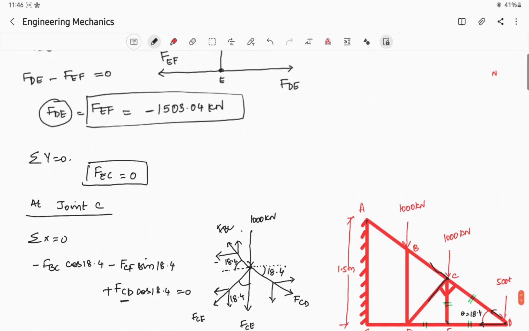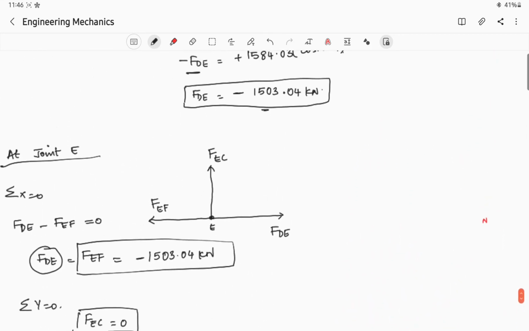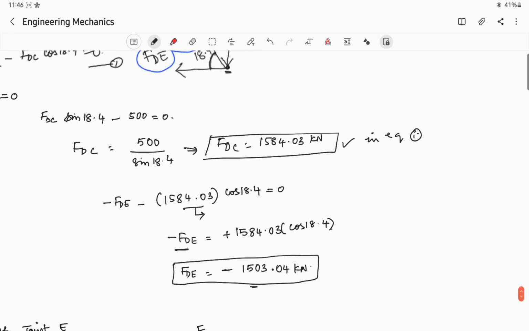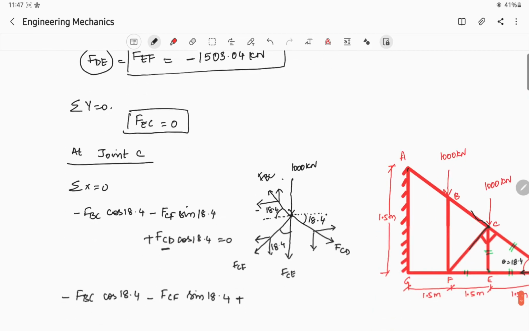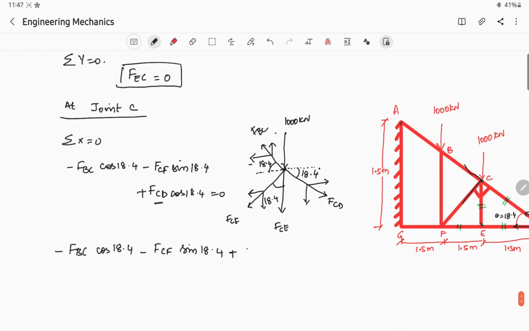What is the value of force in member CD? We have calculated. Yes, CD is 1584.03, right? So the value is 1584.03 into cos 18.4 equal to 0.